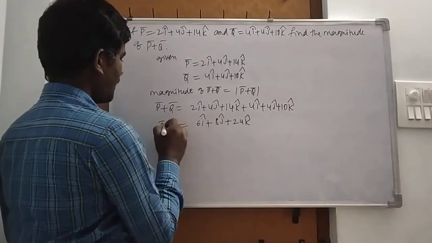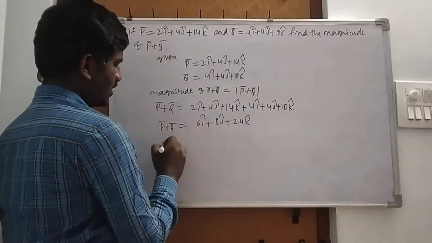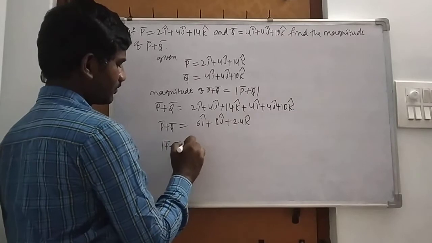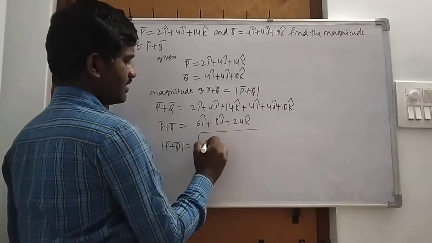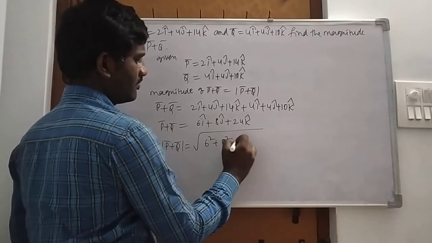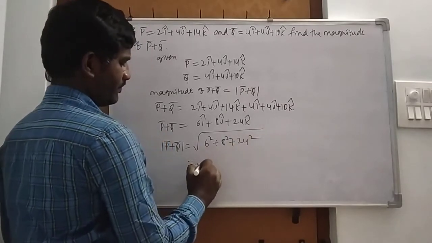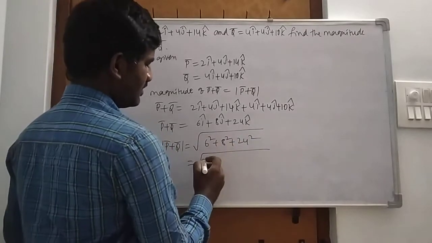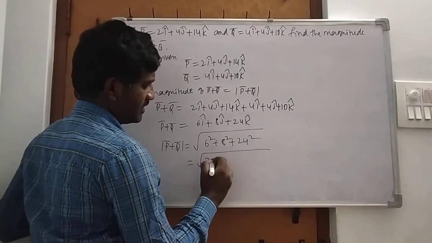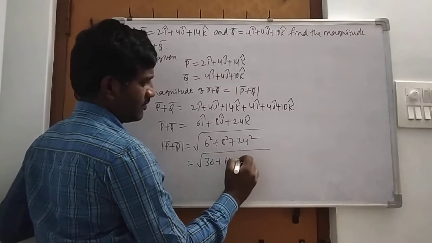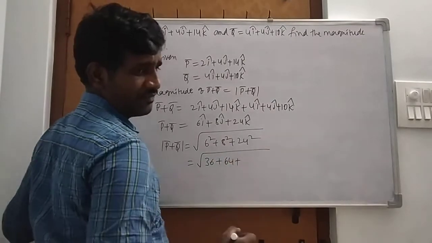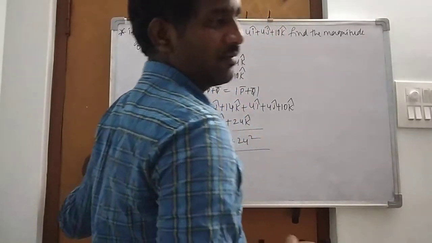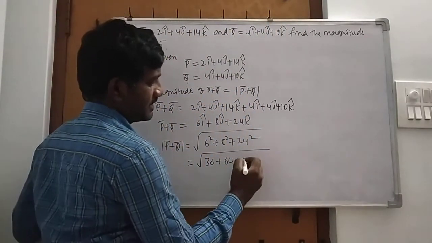This is P plus Q. Then mod of P plus Q is the square root of 6 square plus 8 square plus 24 square. That is 6 square is 36, 8 square is 64, plus 576.